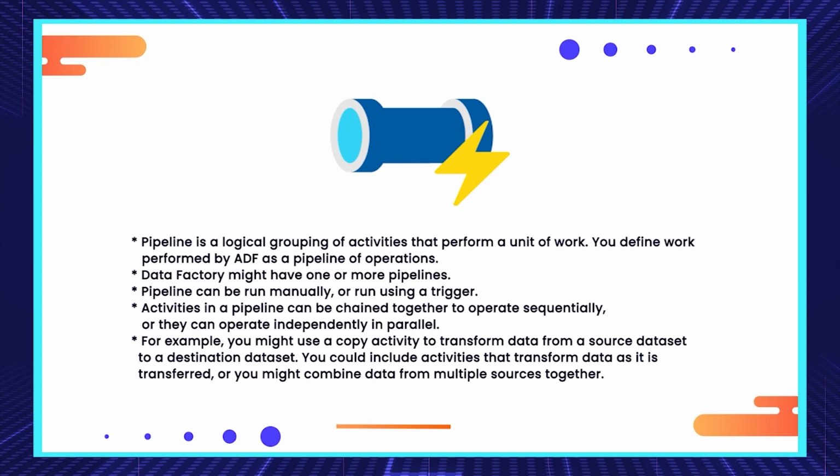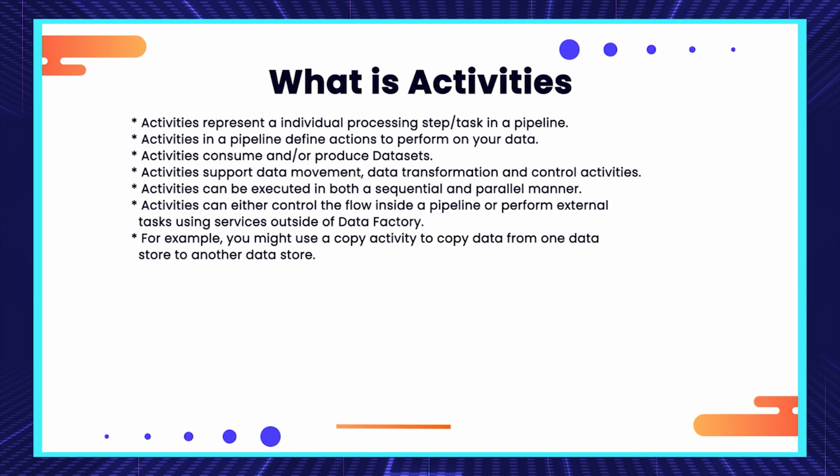So what is an activity? An activity is an individual processing step or a task in a pipeline. An activity in a pipeline defines an action to perform on your data. Activities consume or produce datasets. So there's a concept called a dataset also.